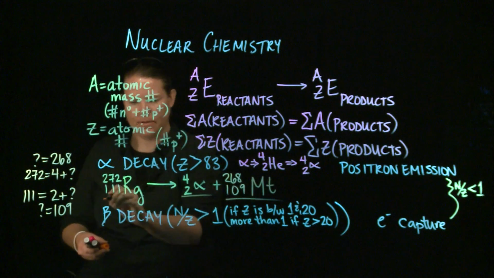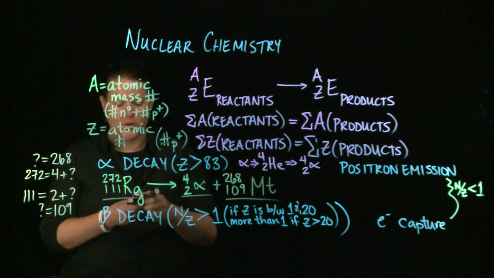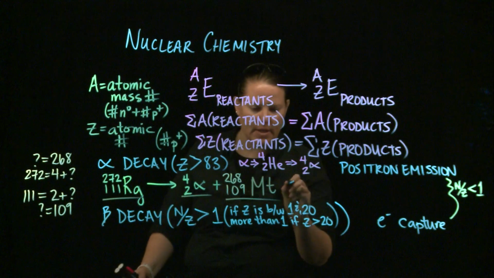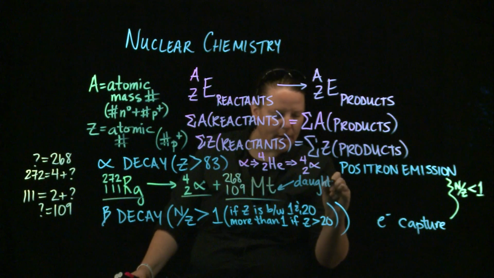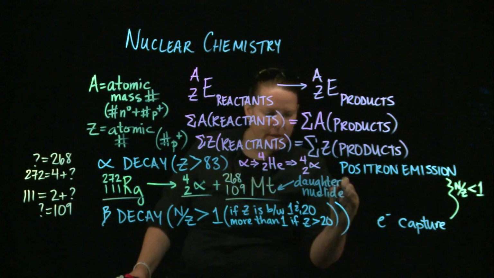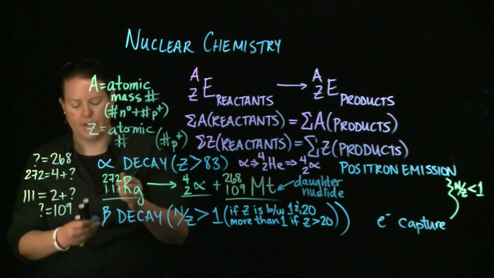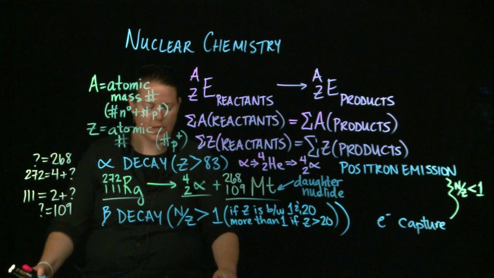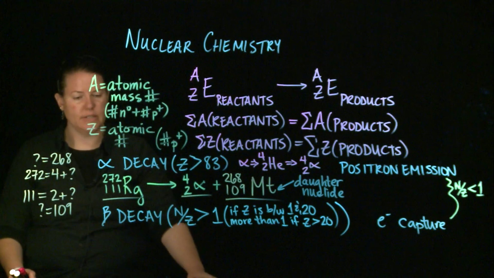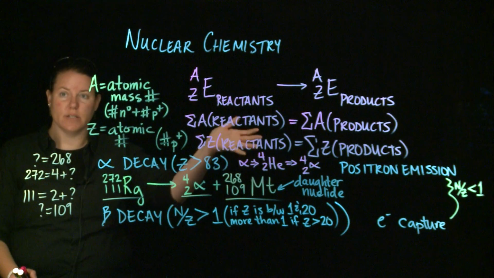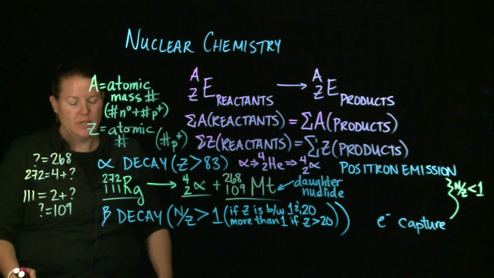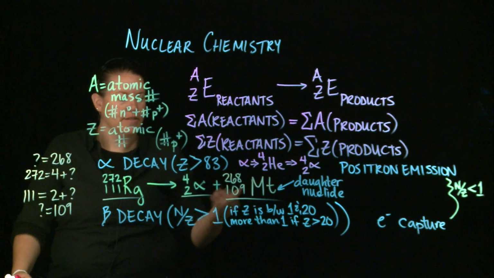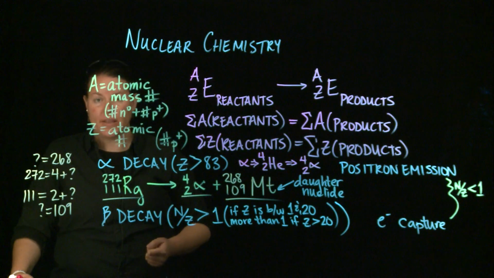What this is called, by the way, is a daughter nuclide. And sometimes the original is called a parent nuclide, just as an FYI. The funny thing about this is that apparently we only make daughters, not sons. So I don't know why that's true in nuclear chemistry, but it's true. And so in terms of looking at this, this is how we predict what we're going to make in the end.